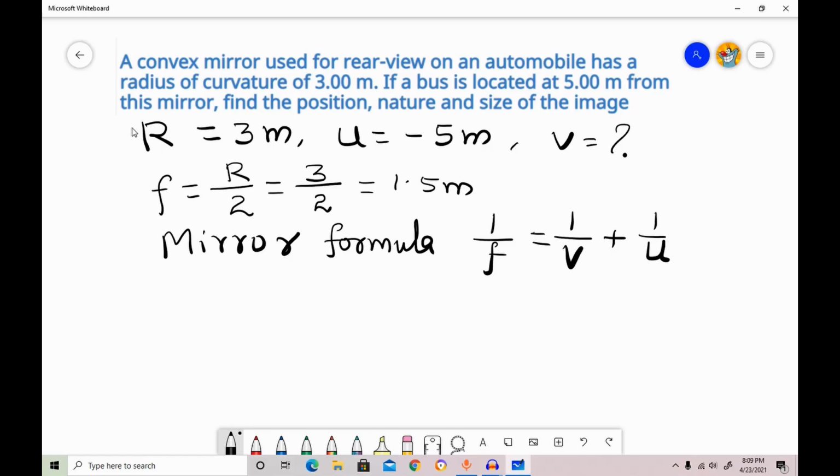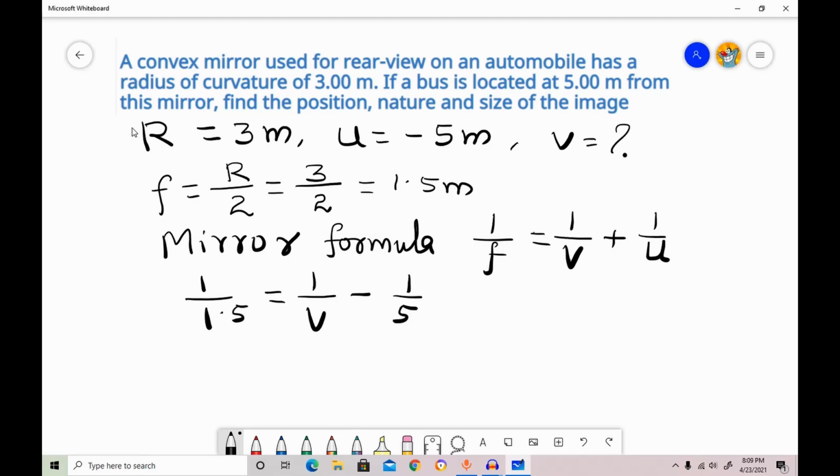Now substitute the values. 1 divided by 1.5 equals 1 by v, and 1 by u is minus 1 by 5.